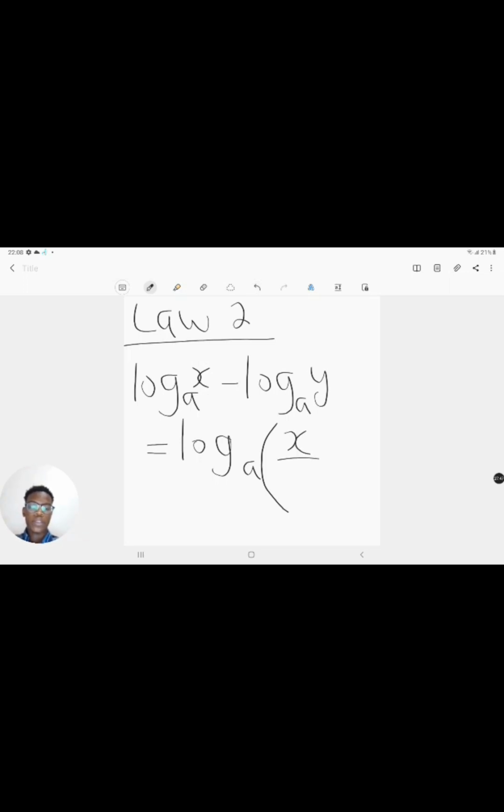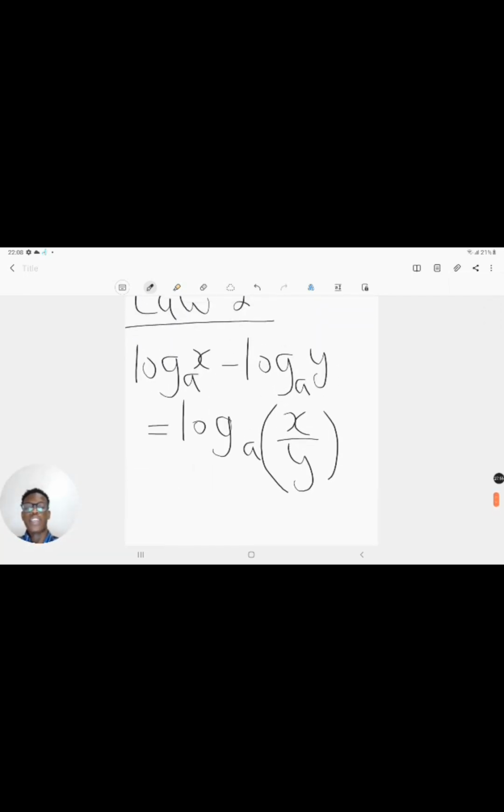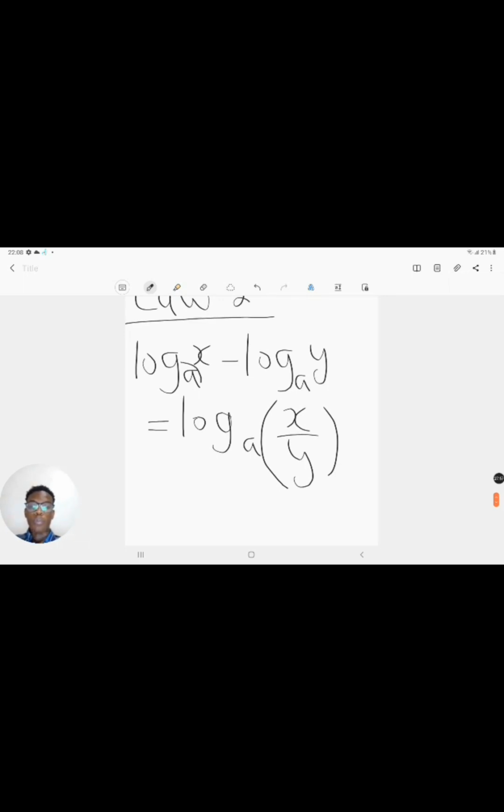So you've got x over y. Okay, that's the law. Let's do a couple of examples to demonstrate this law. It's easy, it's not complicated. Log with the base a of a number minus the log with base a of a number is equal to, you write the log down once, use that same base, and then you just divide the two numbers.